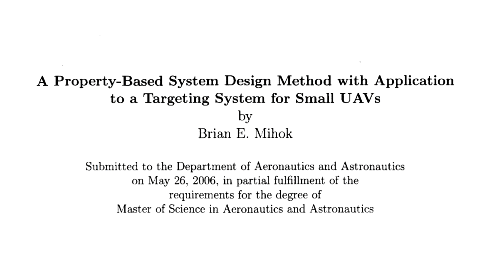44. An MIT Department of Aeronautics and Astronautics publication from 2006 titled A Property-Based System Design Method with Application to a Targeting System from Small UAVs details a Python-based system for use on targeting systems of small unmanned aerial vehicles.